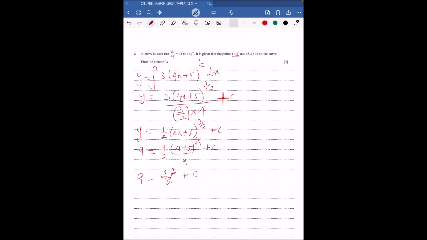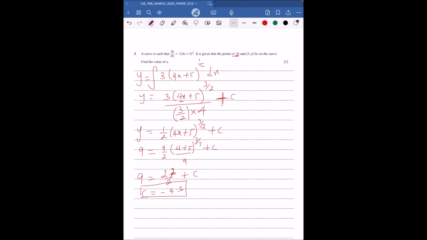So I'll just use my calculator. 9 minus 27 over 2 is minus 4.5. So c is minus 4.5.